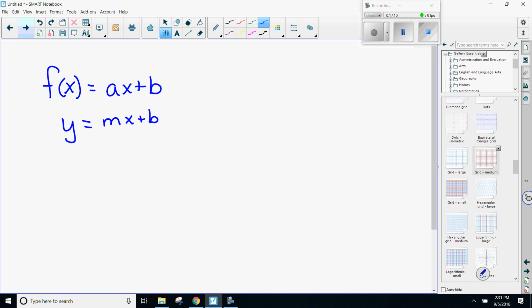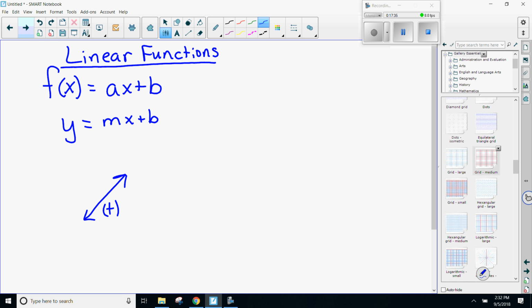Those are linear functions because their graph is what? Those are called linear functions because their graphs are a line. It's a straight line. Hopefully we recognize that if it's a positive slope, it goes in this direction, correct? If it's a negative slope, it goes this way.